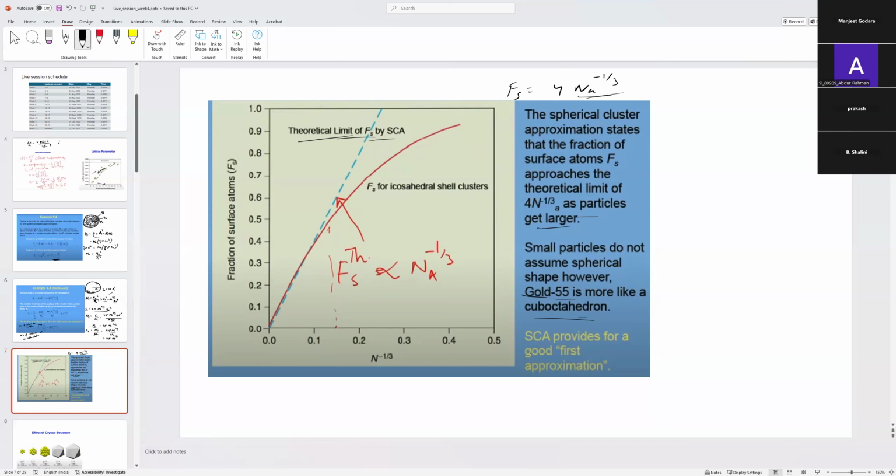As you increase the cluster size, your fraction of surface atoms becomes really small. These are your large clusters in this region. Up till this point, you can approximate it using this equation. After that, you need to do calculations for individual shapes, which would depend on the crystal structure of the material.